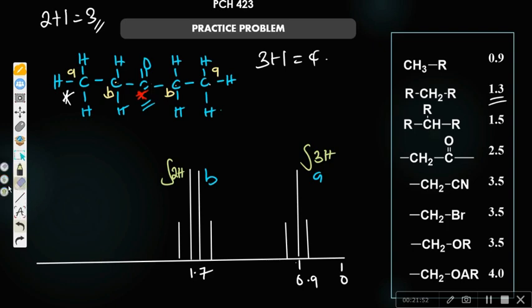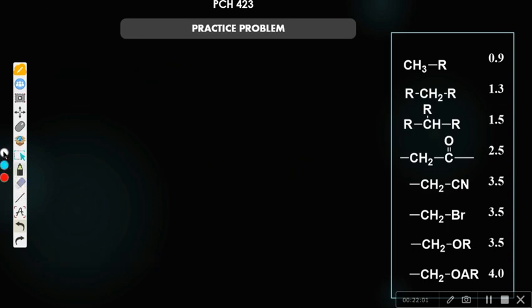Now, we can also draw for the other isomeric pair that we have there. The last one, we have C. It's kind of looking jagged, but we are still going to draw it.